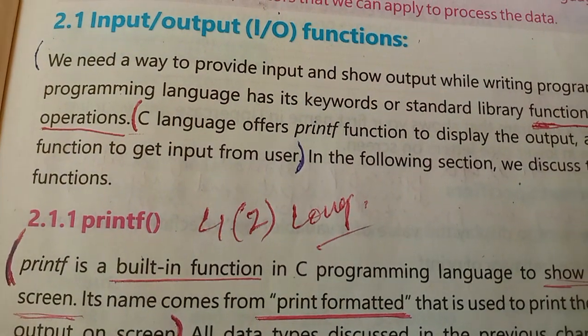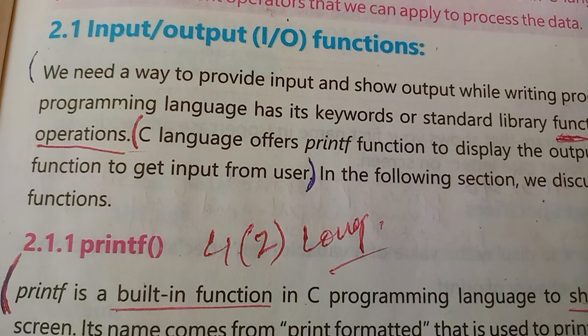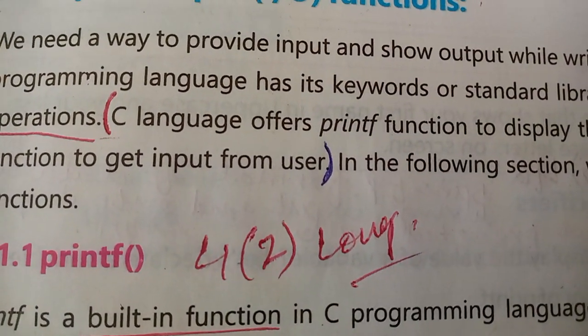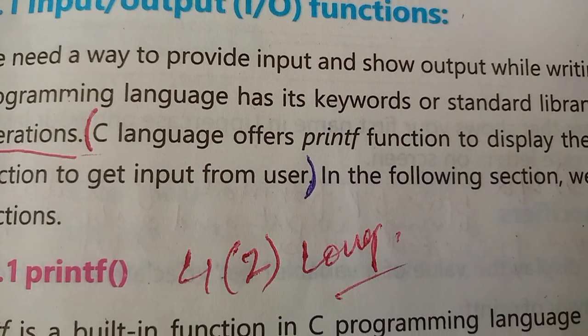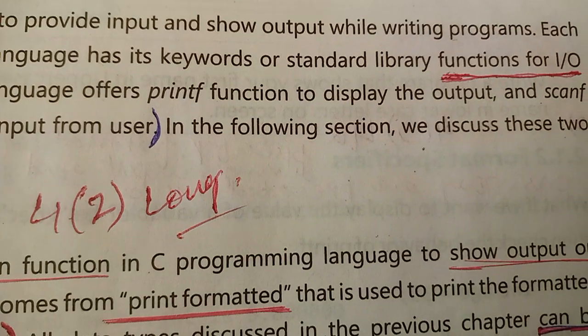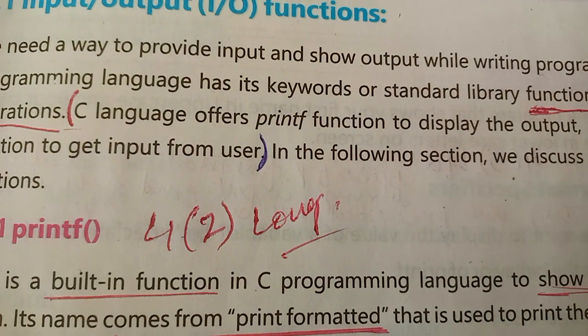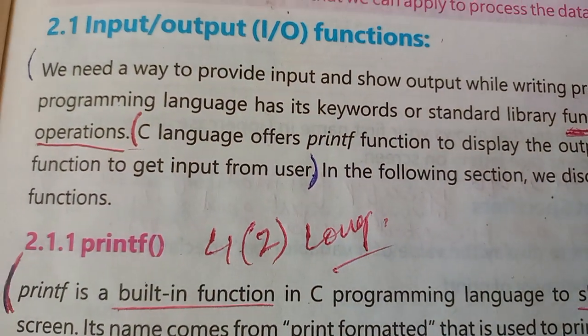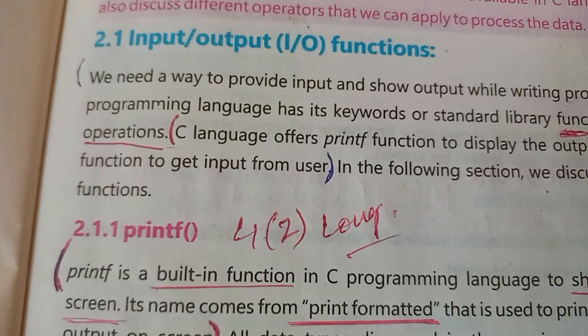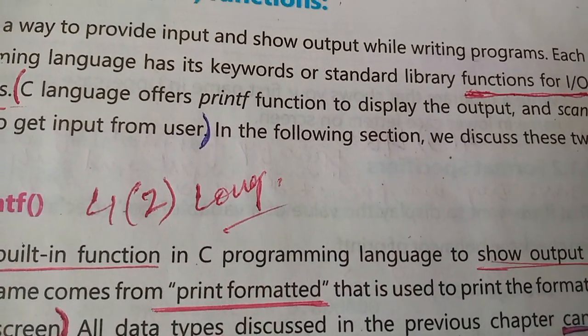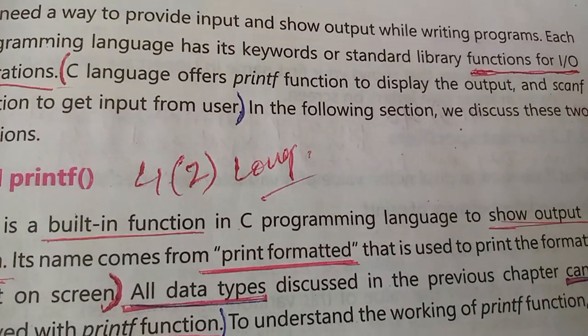The next question is, what are input output functions? So its definition is here in front of you. We need a way to provide input and show output while writing programs. Each programming language has its keywords or standard library functions for I/O operations.